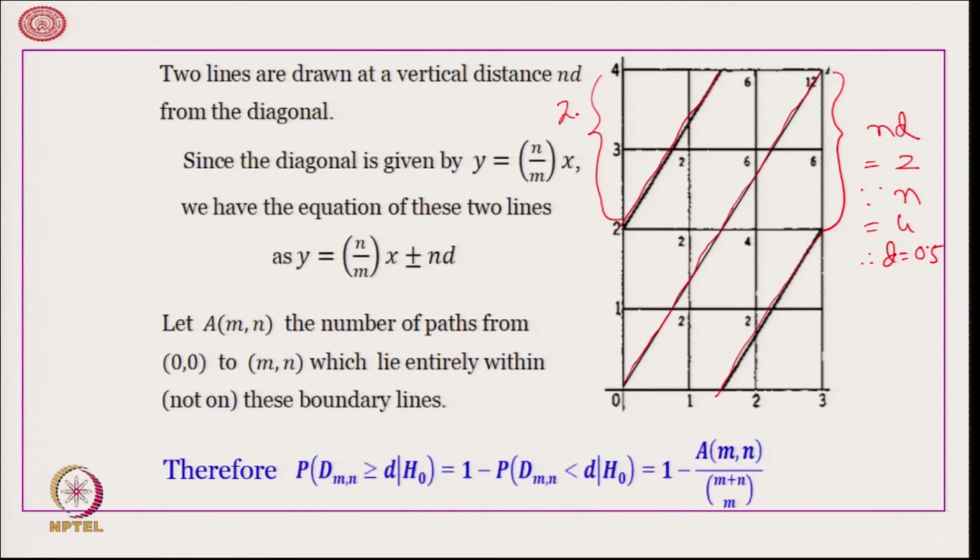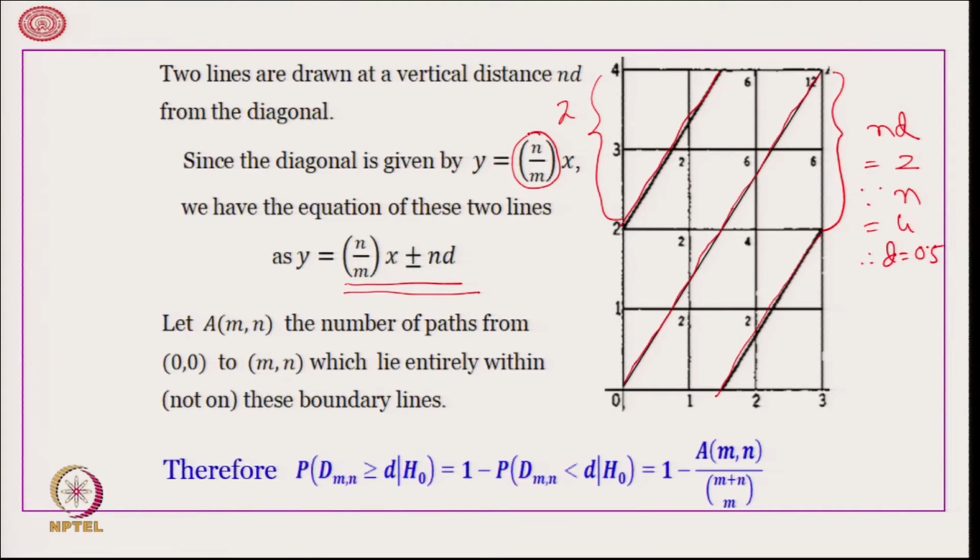Therefore, the equations of these two lines are y = (n/m) x ± n d, because we know that the slope of the diagonal is n by m.